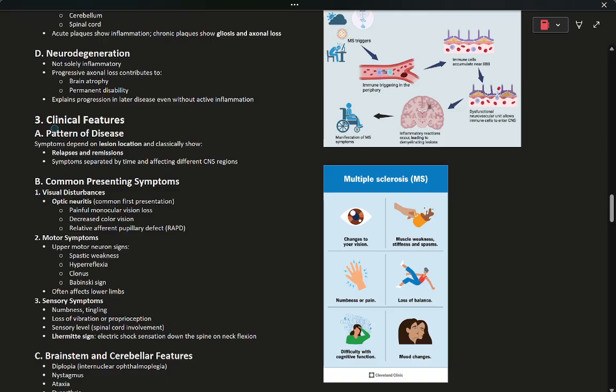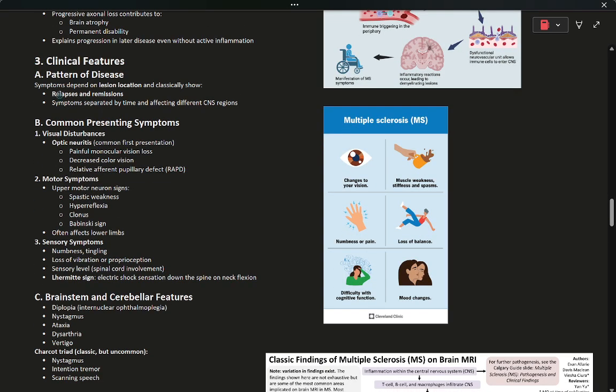So, let's move on to talk about the clinical features of multiple sclerosis. Regarding the pattern of disease, the symptoms depend on the lesion location and will classically show relapses and remissions, symptoms separated by time and affecting different central nervous system regions.